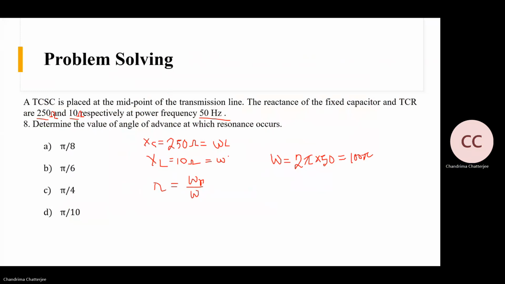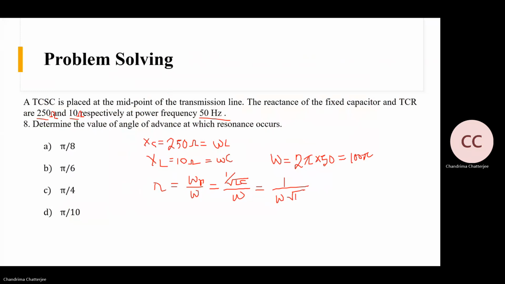Omega r is basically 1 by root over LC, that is the resonant frequency, by omega. So this is basically 1 by omega root LC.